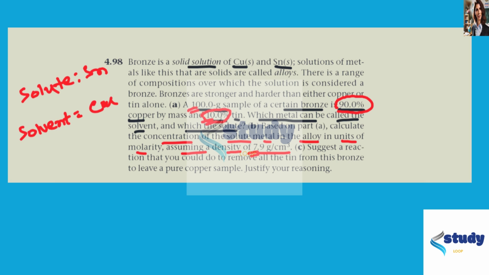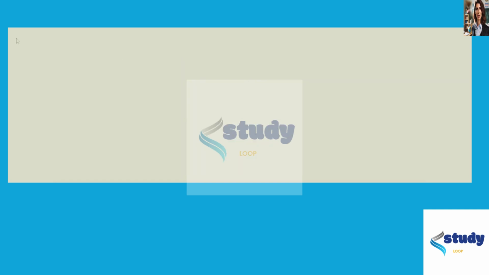From the number of moles of tin and the volume of the solution, we can find the molarity of the tin, or the solute, in the solution. First we'll find the number of moles of the solute, tin.